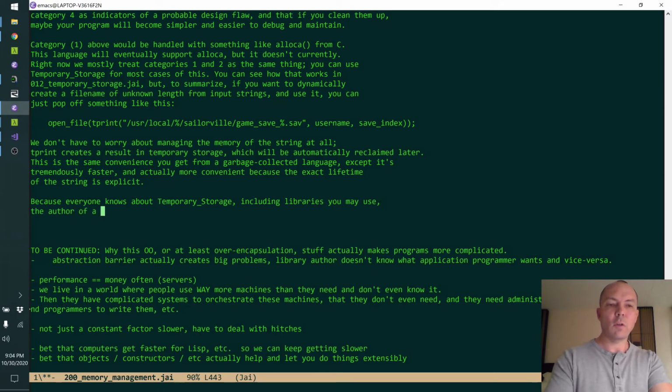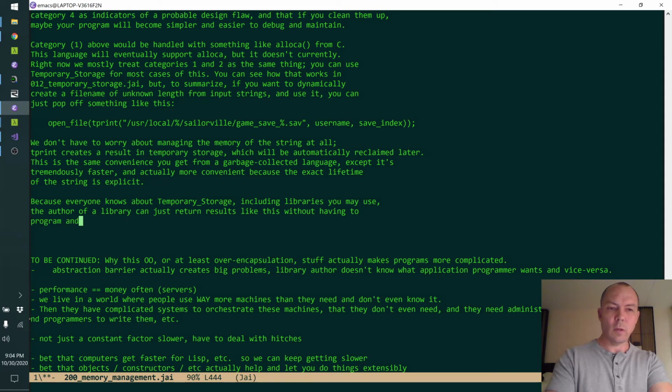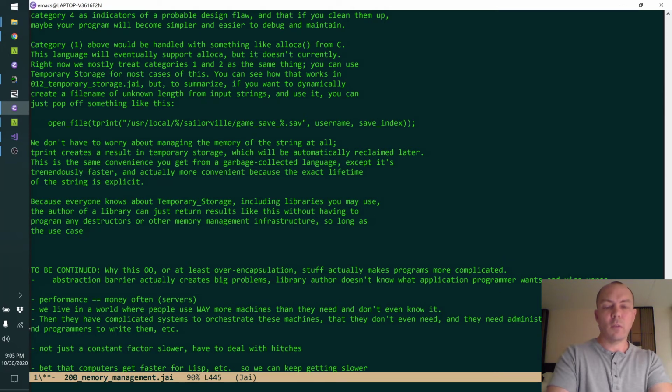The author of a library can just return results like this without having to program any destructors or other memory management infrastructure, so long as the use case is suitable for temporary storage.